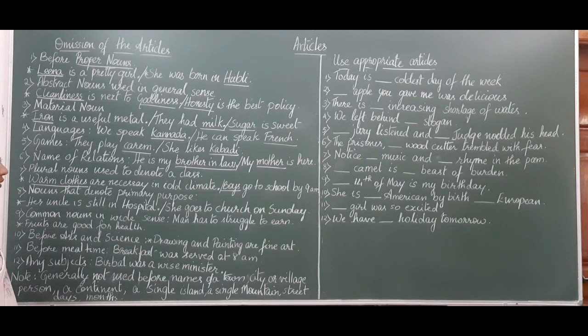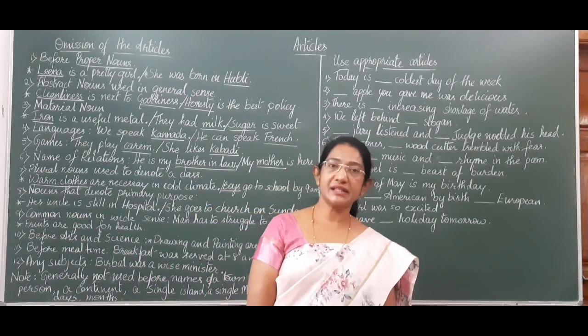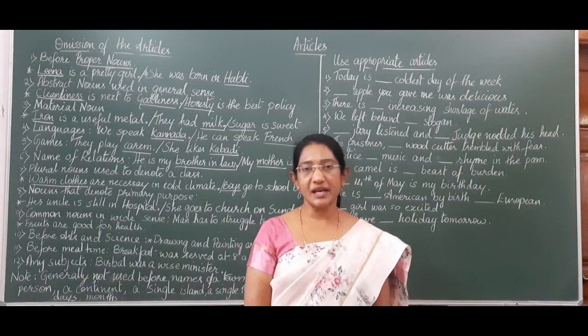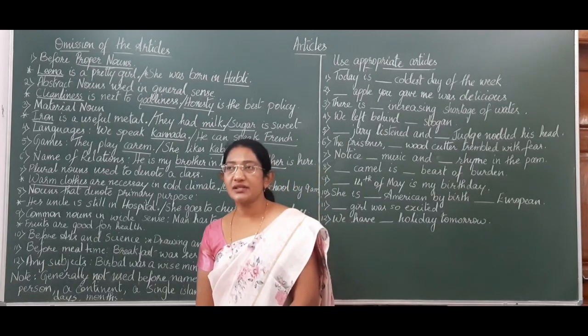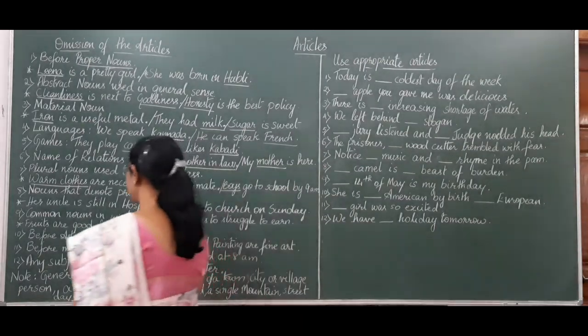Nouns that denote primary purpose. Primary purpose is the daily necessities. So we have offices, post office, hospitals, church, temple. All such places which are for a primary purpose don't take articles.